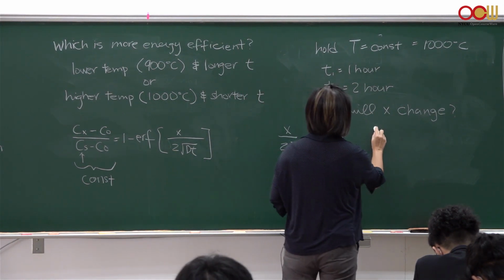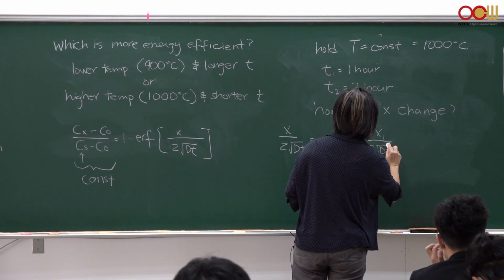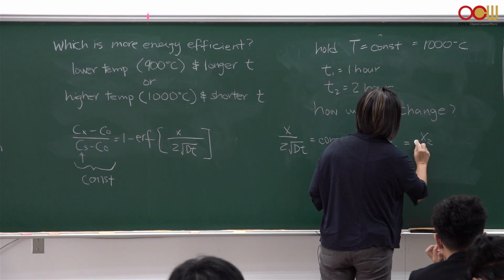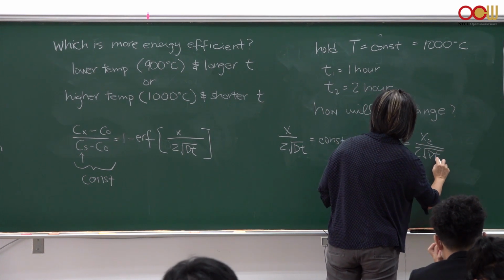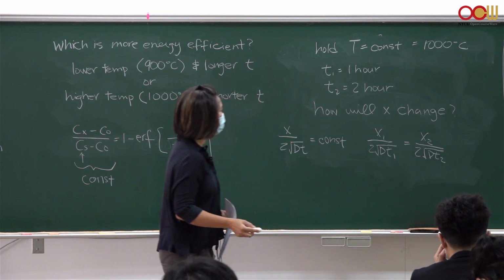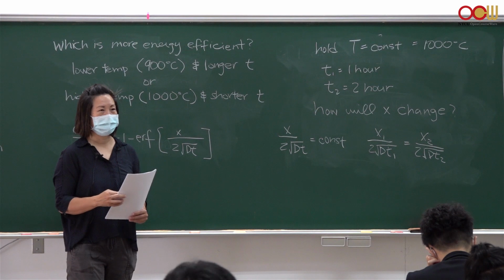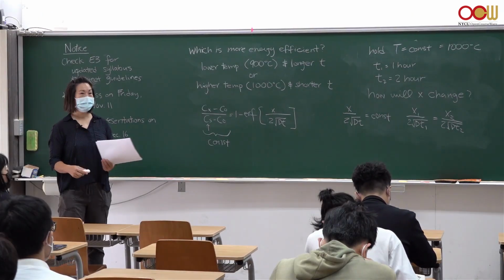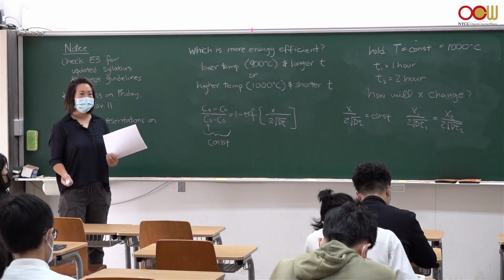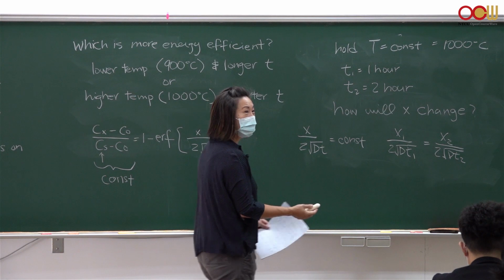So that means X1 over 2 square root of Dt1 equals X2 over 2 square root of Dt2. So if you double the time, what will happen to your distance? Will it increase or decrease? Should increase, right? But by how much? By the square root of 2, right?